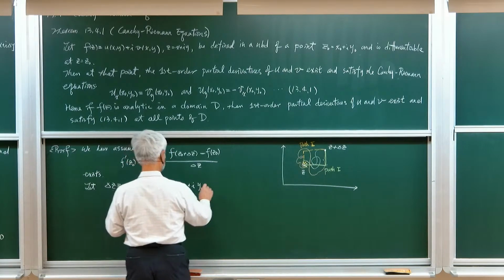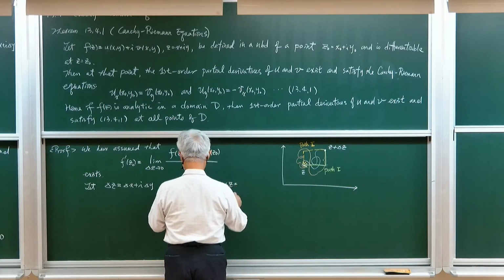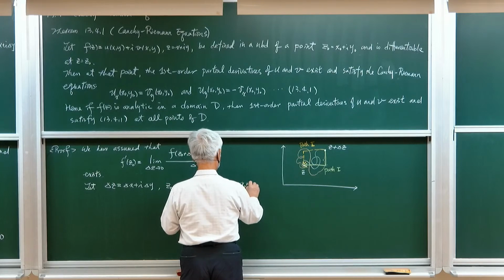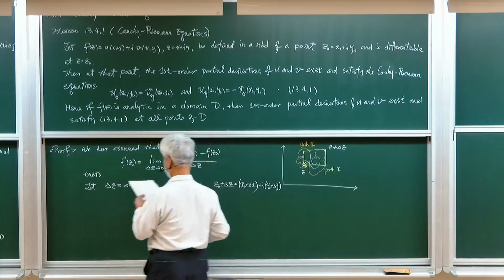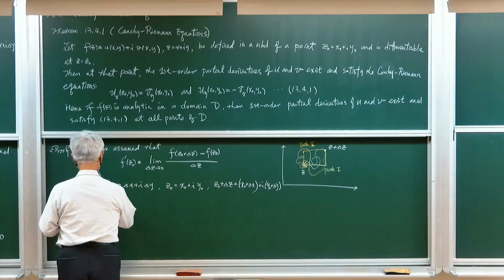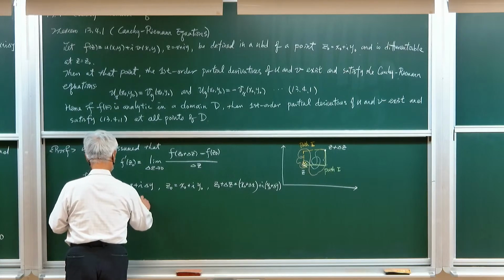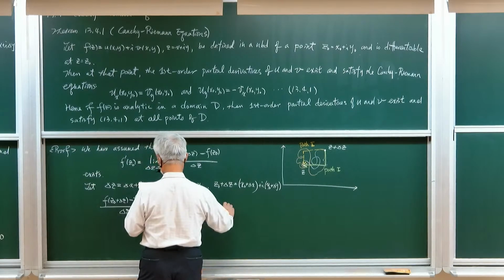So that z0 plus delta z is equal to x0 plus delta x plus i times y0 plus delta y. All right, so with that, now we can compute the ratio.